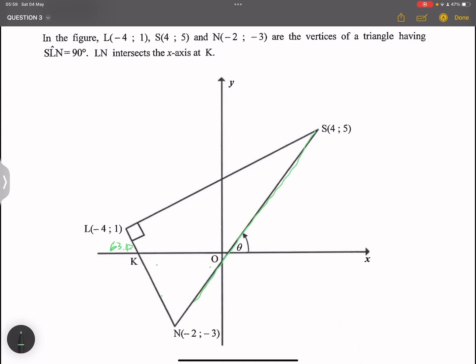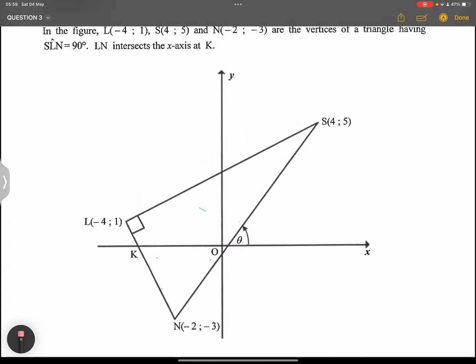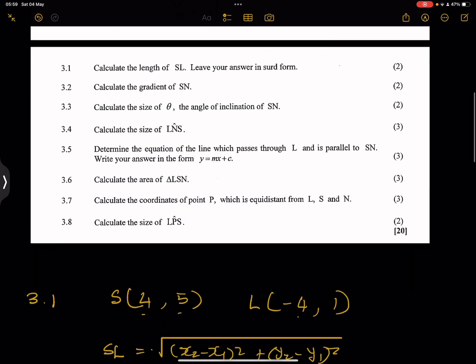So I could have found the length of LN and used the sine of angle LNS, right? So the sine of this angle, that's opposite over the hypotenuse, right? So in that case, what would that give me? It would give me the size of that angle there. Right, and that's how the cookie crumbles. Let's go on to the next one.